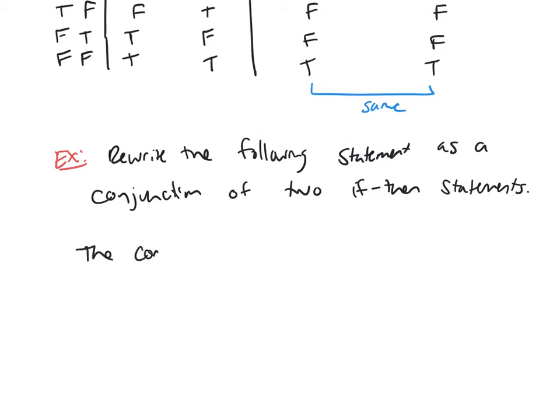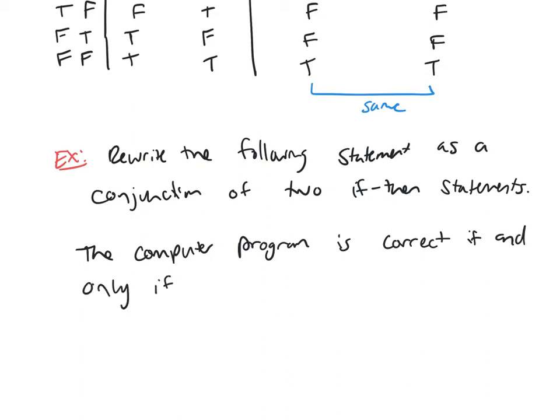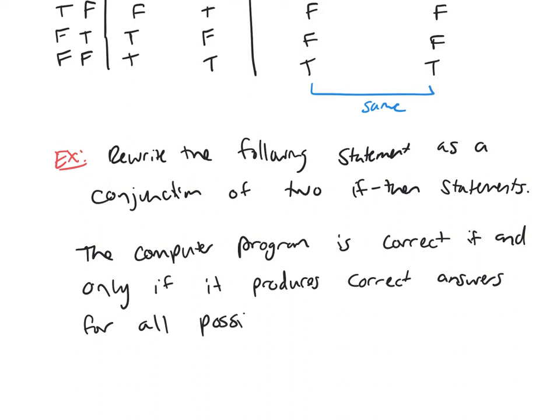The computer program is correct if and only if it produces correct answers for all possible sets of input data.